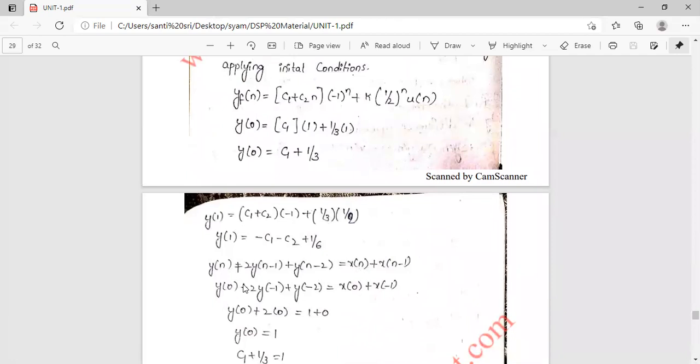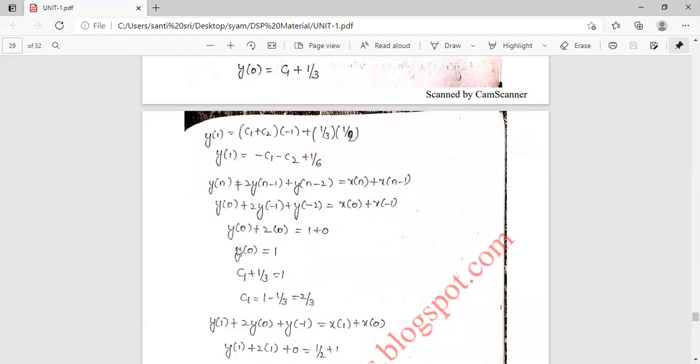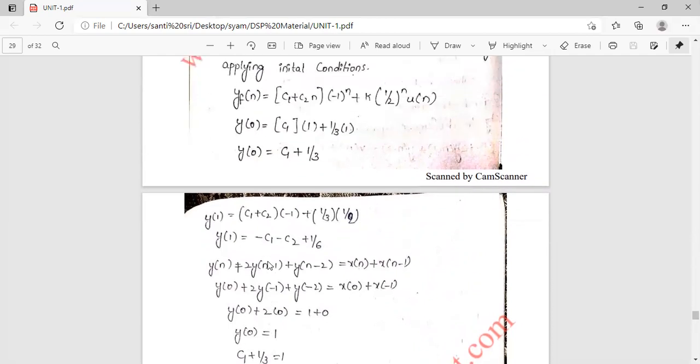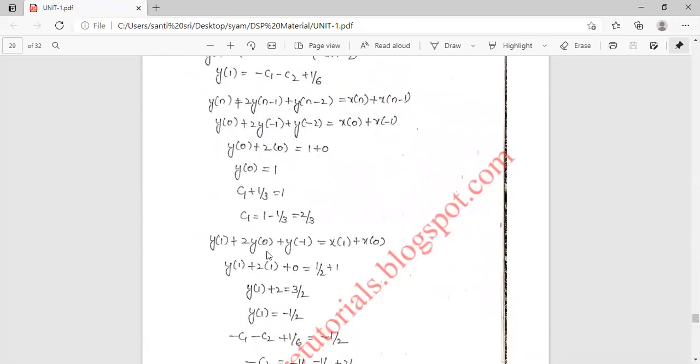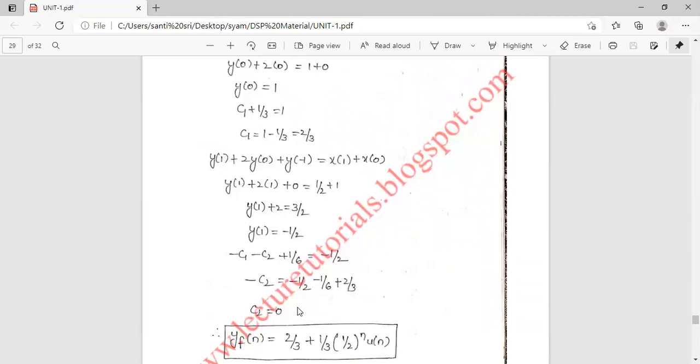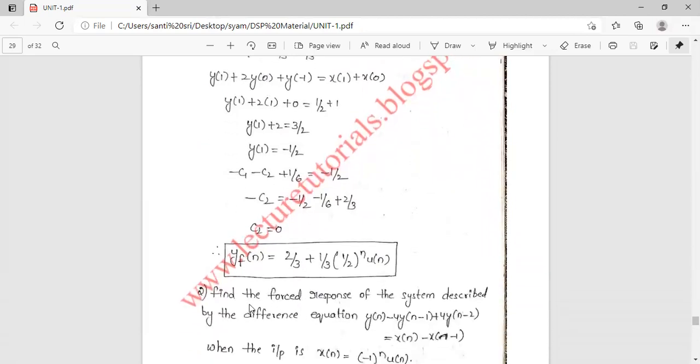So our y of 0 value is 1, then 1 equal to C1 plus 1 by 3, so C1 value is 2 by 3. Similarly, you can find out the value of C2 also. C2 is also 0. So finally, yf of n equal to 2 by 3 plus 1 by 3 into (1 by 2) whole power n into u of n. So this is the solution for the forced response.